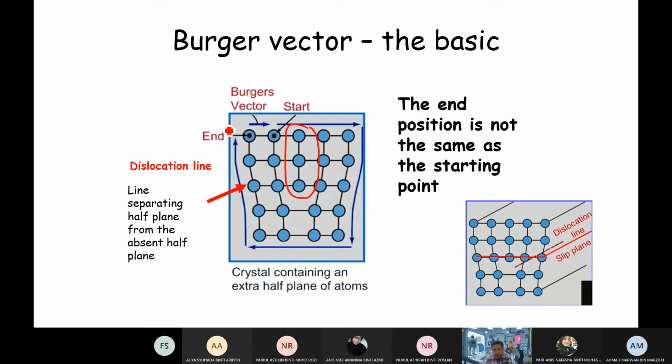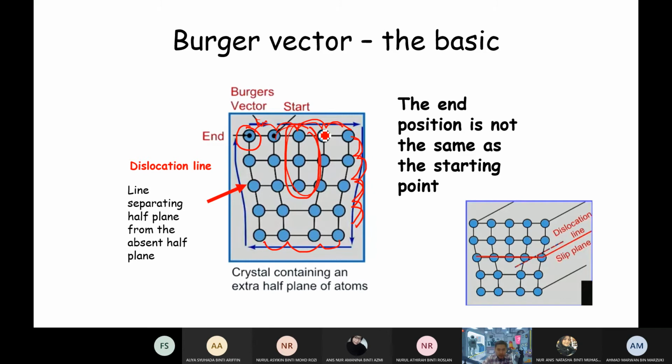We start from here, move 3 steps to the right, and then 4 steps downward, and because of the existence of this extra plane, our endpoint will be here.